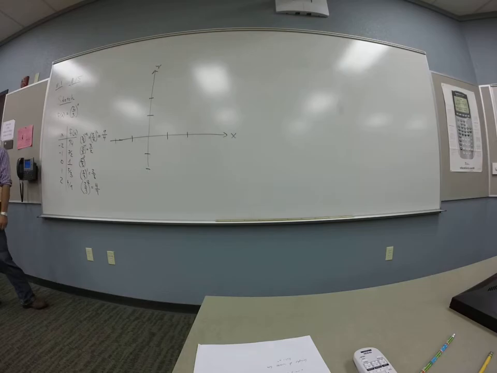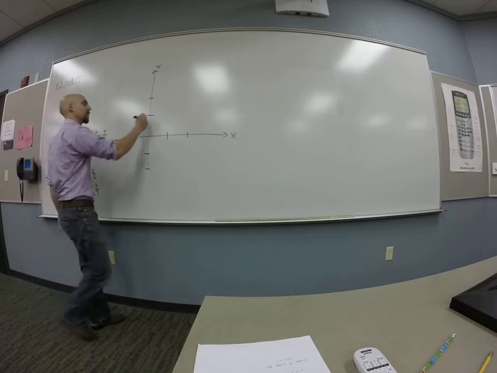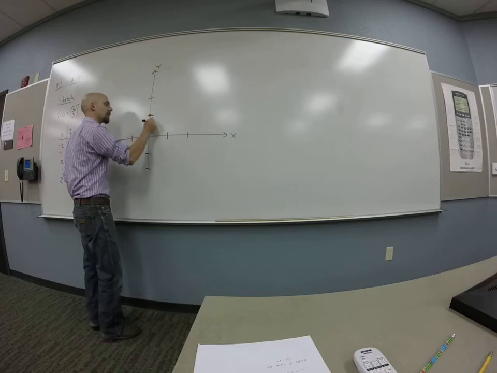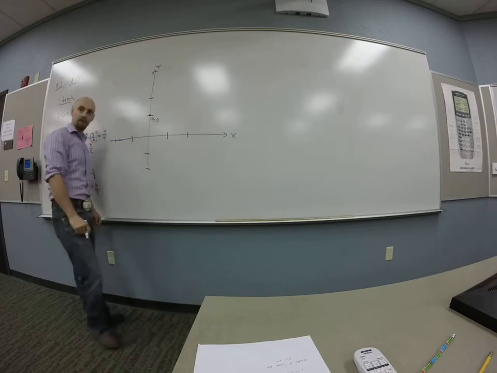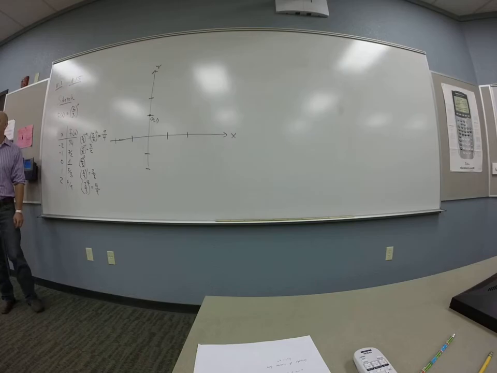Where's the easy dot? 0, 1. Which axis is that on? On the y. So that's this point, 0, 1.